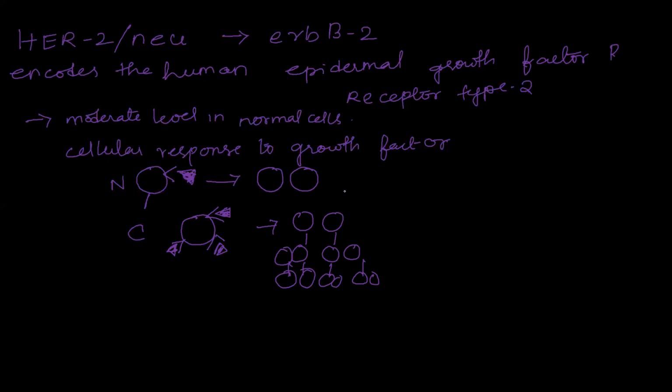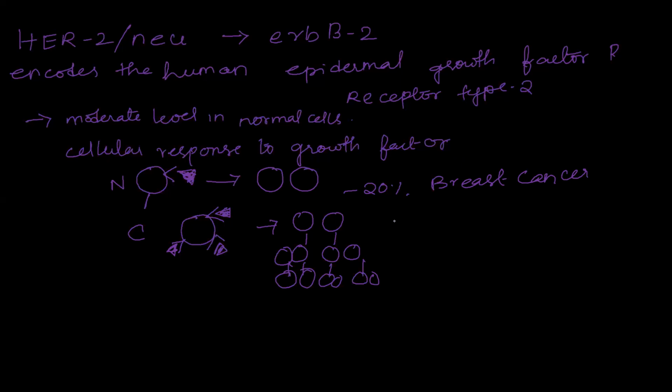It was found out that in 20% of human breast cancer cases, there was an elevated level of this gene. And these gene proteins are present on the surface of the cell, as I told you, and help in the cell division.